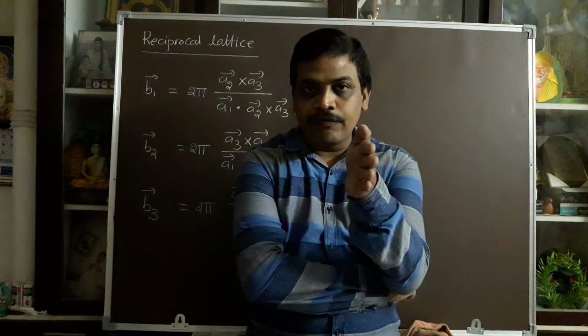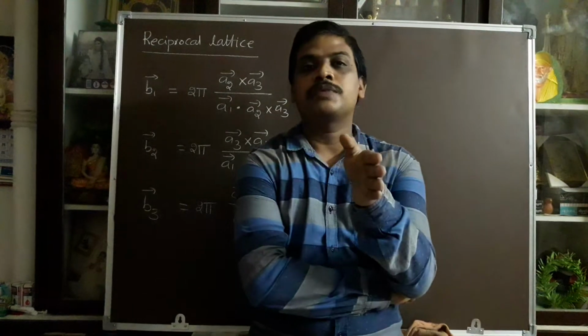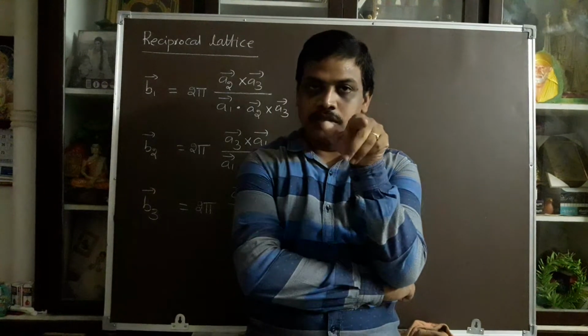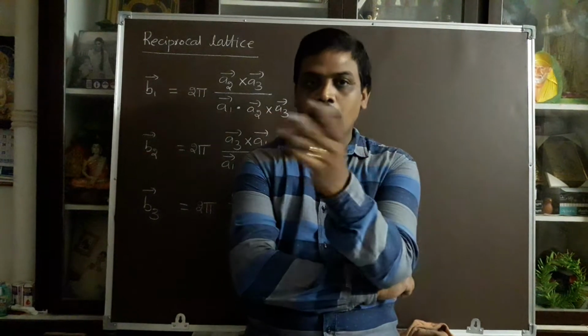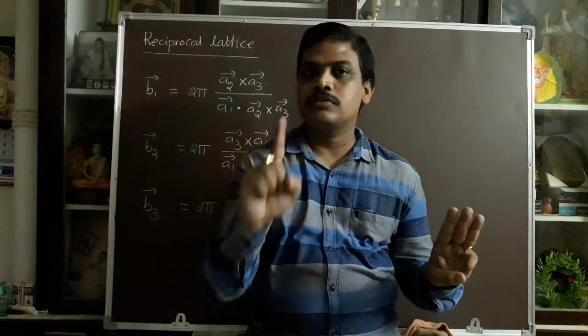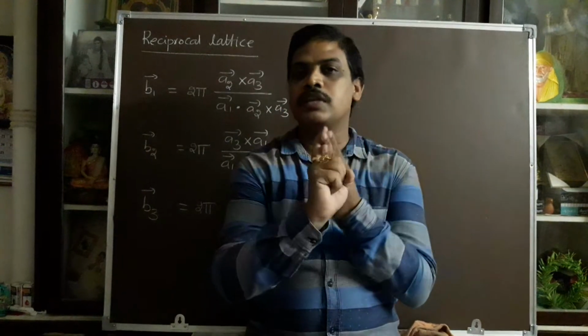So at every face half of a lattice point is occupied per unit cell. There are 6 faces, 6 into half is 3. So according to faces, 3 lattice points exist. According to corners, 1 lattice point exists. 3 plus 1 is 4.